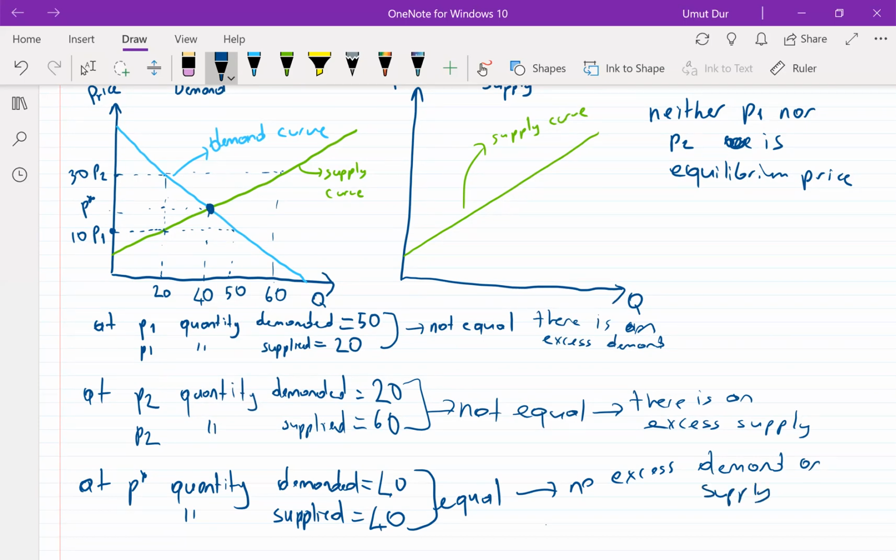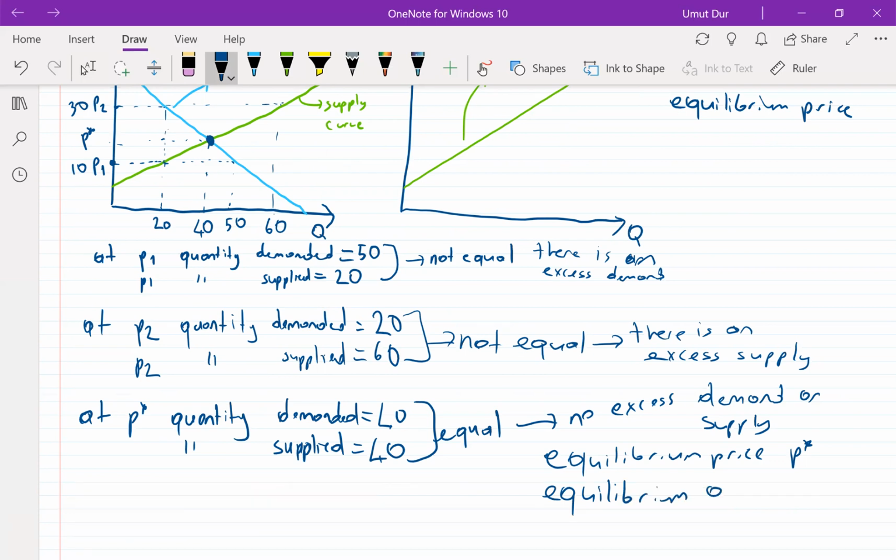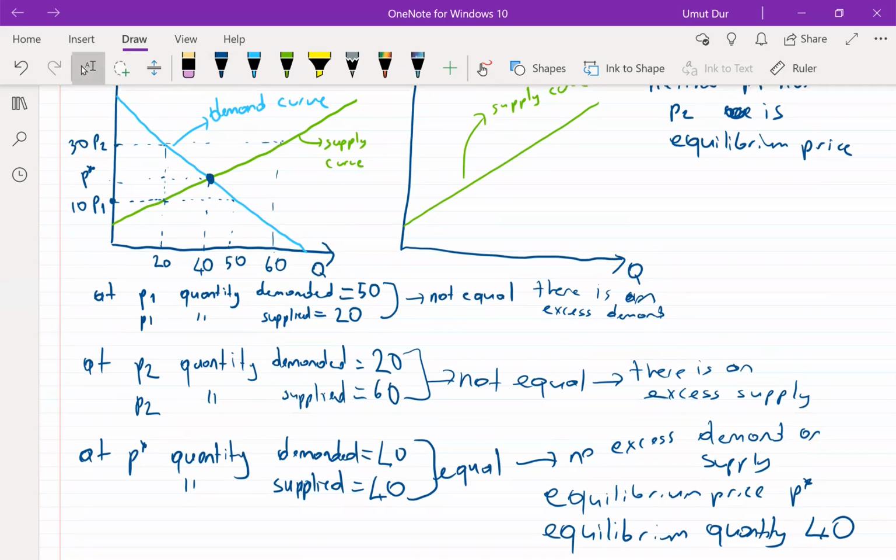Basically we find the equilibrium price, which is P star, and the equilibrium quantity. So this is something very easy to understand. Perfect.